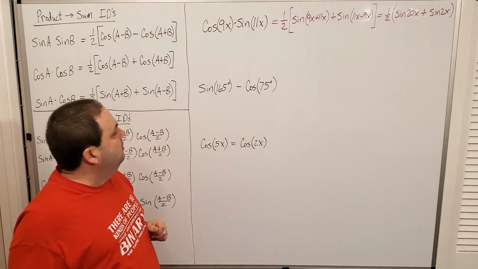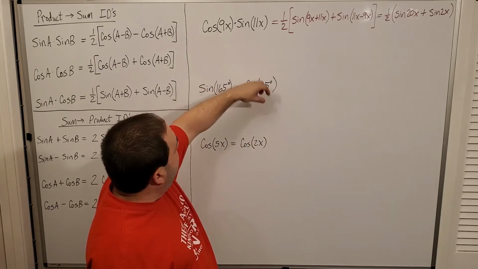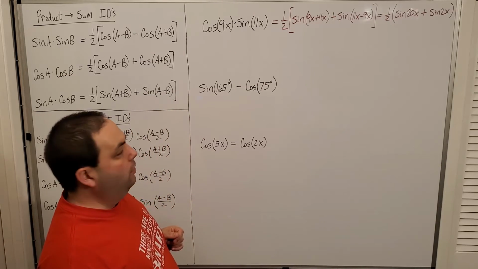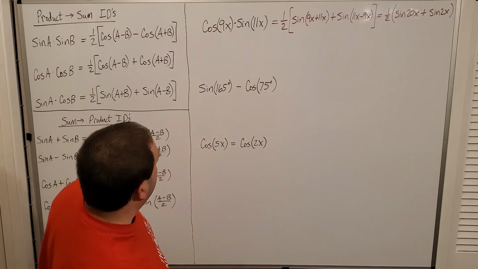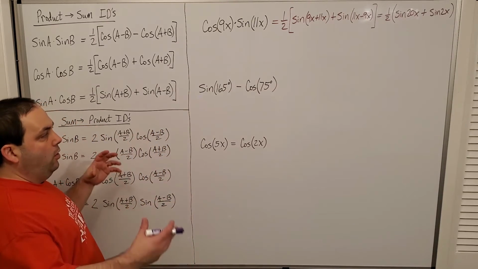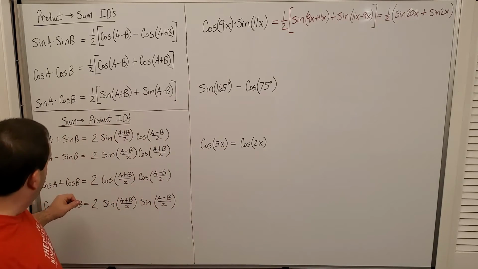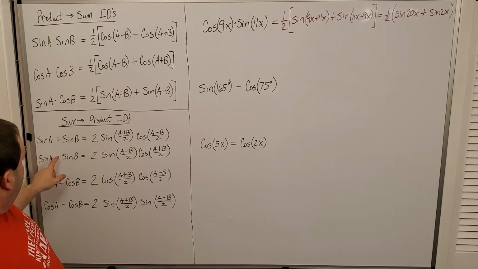Okay, next, what if I need to do a calculation where I don't know either of the two angles, but maybe another combination of them would work? Okay, so I have this particular subtraction here. Maybe it would work better if I were able to combine these angles some. So I come over here and look at my sum to product identities, and I don't see one that has a sine minus a cosine.